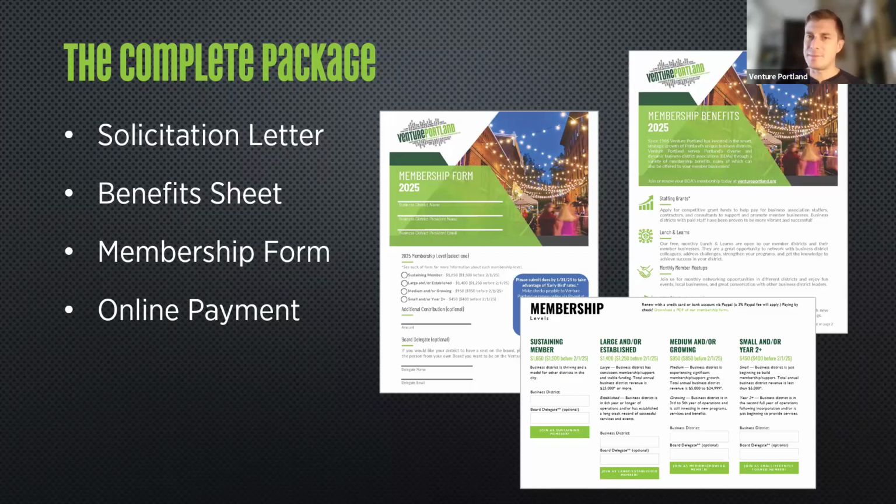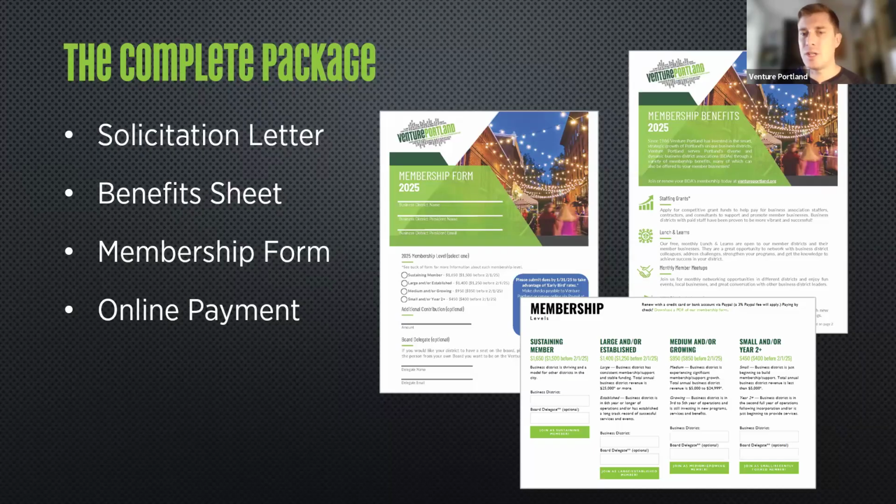And that should be signed. That's a great way for a business owner reading it to get an overview of your organization and get an idea of, oh man, if we weren't members last year, here's what we missed out on. But if we join, here's what we can get.